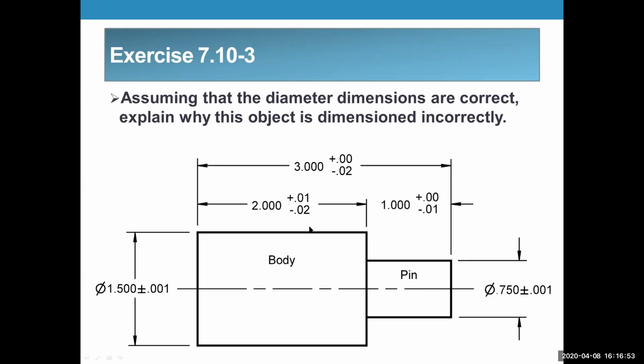Or the other side of the coin is that maybe these numbers should be 2 place dimensions. It works either way. If it really doesn't matter that much how long this dimension is, you've got a pretty loose tolerance here, plus 10 thousandths and minus 20 thousandths. This could probably be a 2 place dimension. Same thing for all the rest of these.